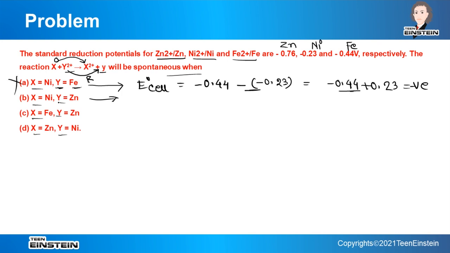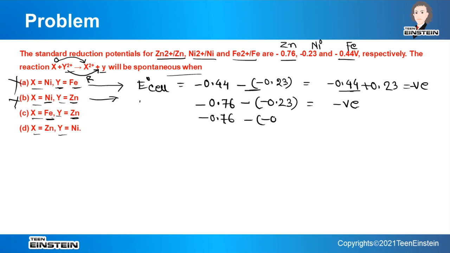Then the next one: X is the same, now Y is Zn, so E naught cell will be, for zinc, minus 0.76, then minus 0.23, so this will also be negative, so this is not possible. Next, now X is Fe, Y is the same, so we write the Y system's reduction potential first and then iron. For iron it is minus 0.44, so this will also be negative.